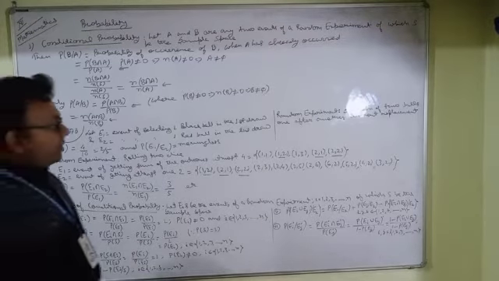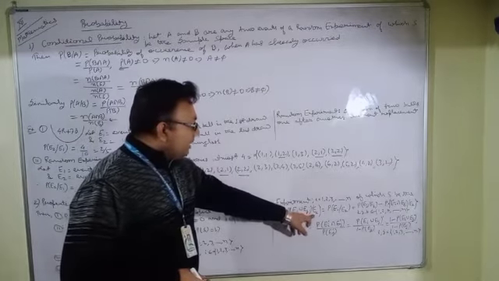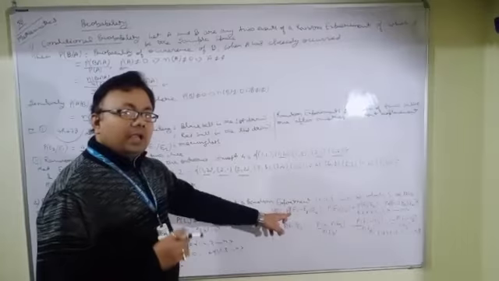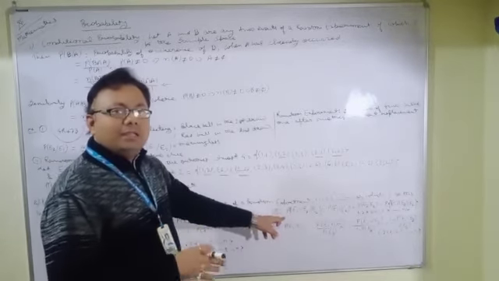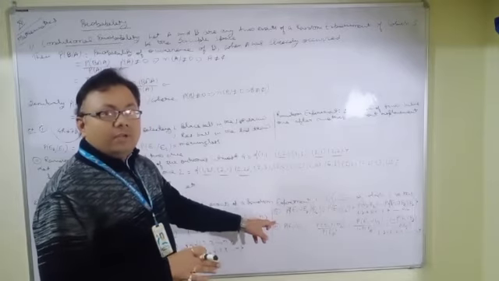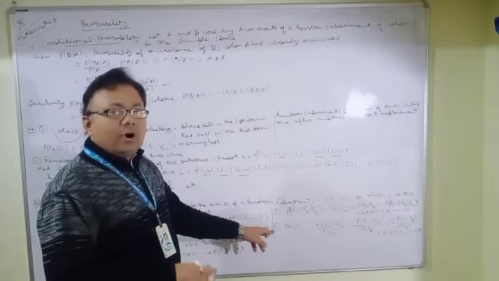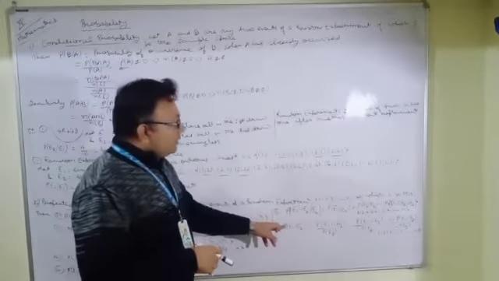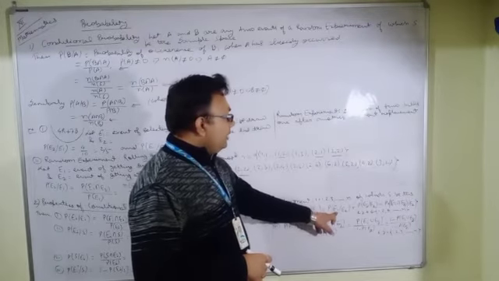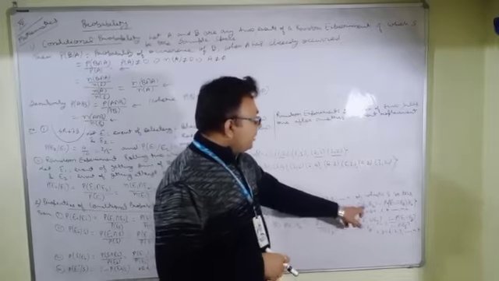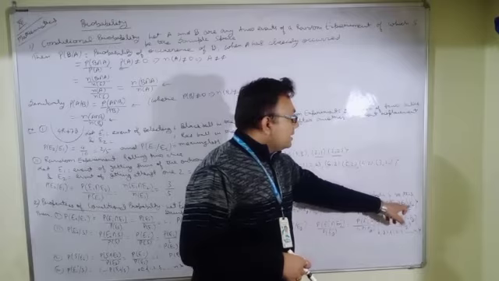Now the fifth property is probability of Ei union Ej given Ek. Here we are considering any three events Ei, Ej and Ek randomly out of the n number of events E1, E2, E3, ..., En of the same random experiment. If this is expanded, our result will be probability of Ei given Ek plus probability of Ej given Ek minus probability of Ei intersection Ej given Ek.